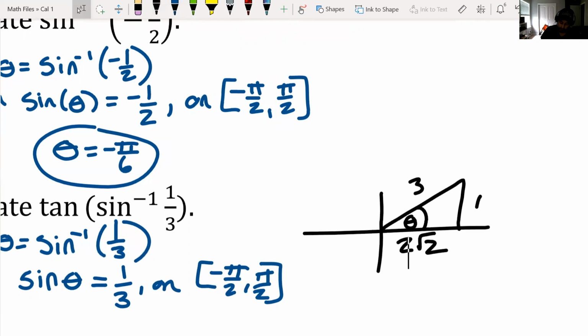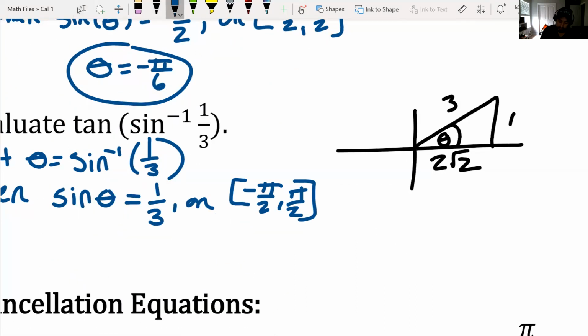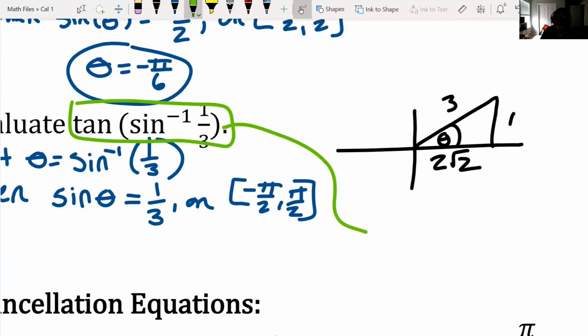Since we made a substitution, all of this inverse sine is now theta. This whole thing becomes the tangent of theta. Since theta contains all this information in the triangle and the quadrant, all we want to know is the tangent of that theta.